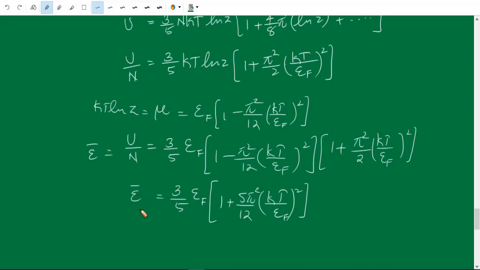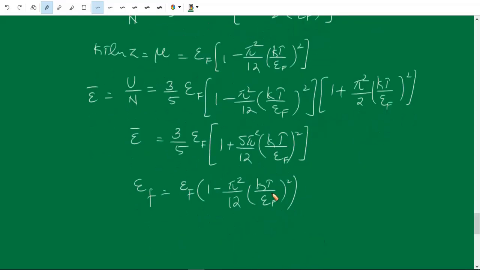E average, the average energy per particle of the system, increases as the temperature increases from 0 Kelvin. And we already know the Fermi energy at a lower temperature, that is other than 0 Kelvin, that is EF is equal to EF into 1 minus pi square by 12 kT by EF whole square.